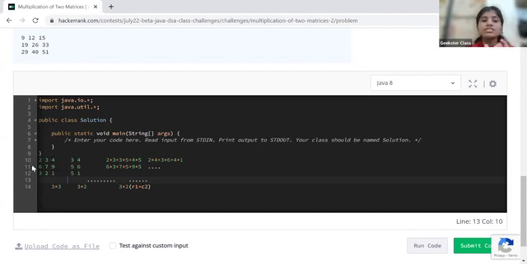What is same in both this matrix? Tell me what is the criteria for multiplying this matrix? The number of columns in this matrix and the number of rows in this should be same. ये समझ आया कि इसमें the number of columns and इसमें the number of rows should be same. Yes.